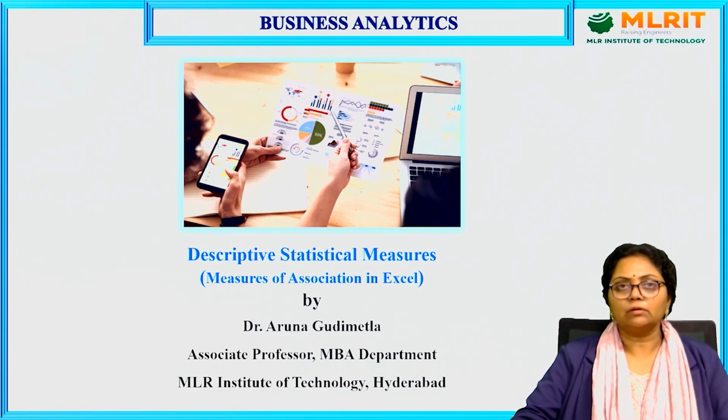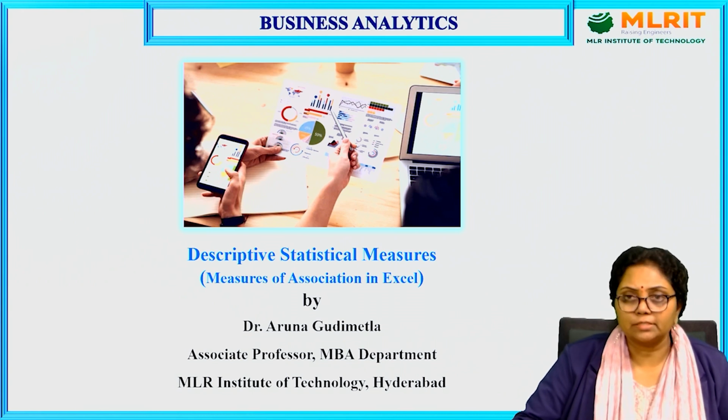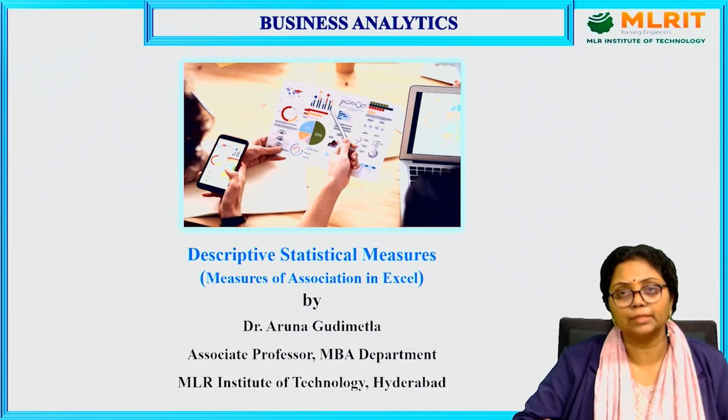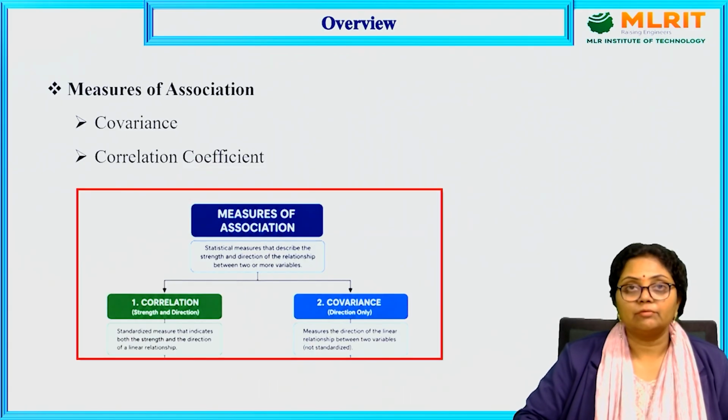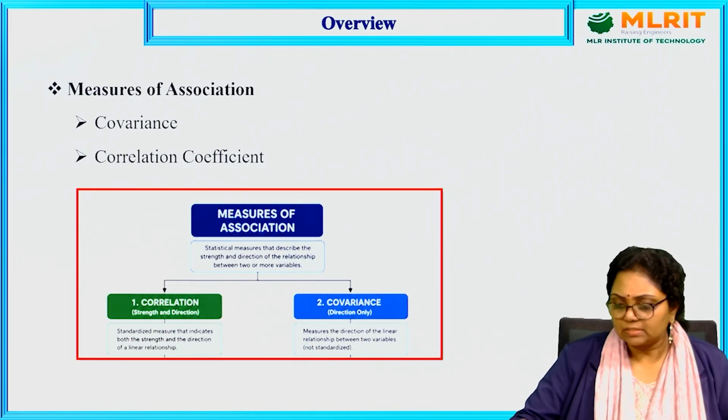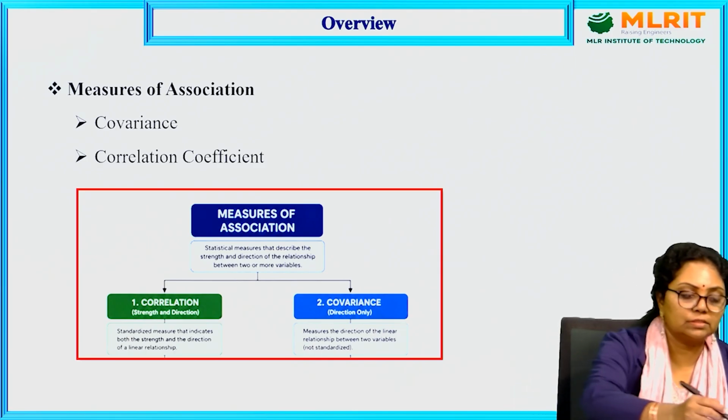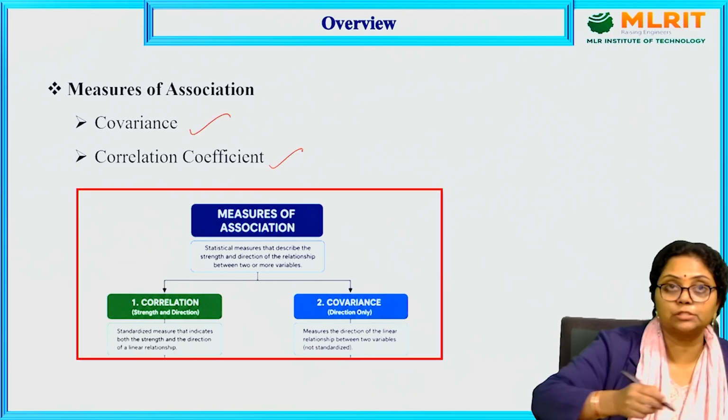In today's session, we are going to discuss descriptive statistical measures, and in that, measures of association, and how to execute them in Excel. In the previous class, we have seen what covariance and the correlation quotient are.